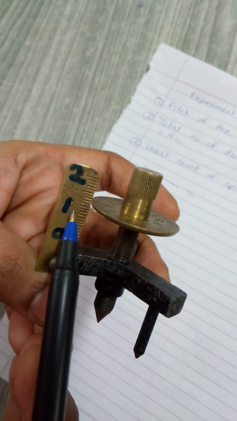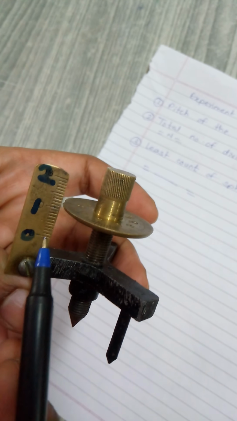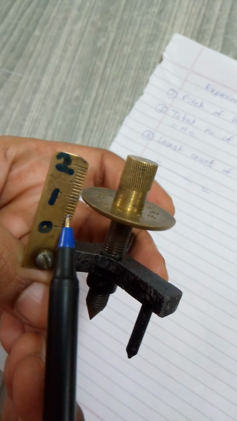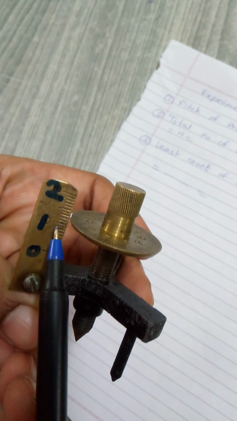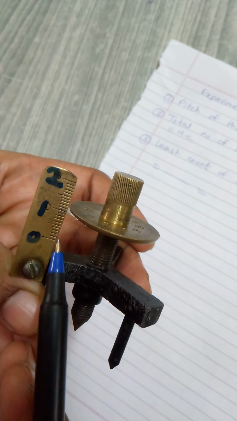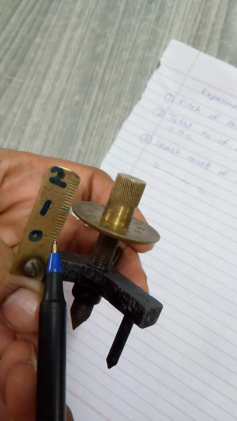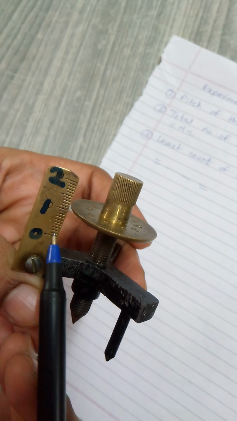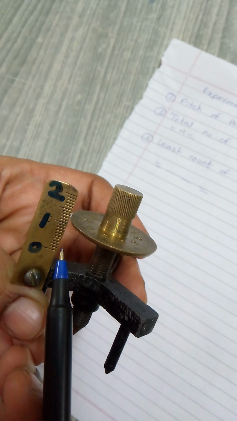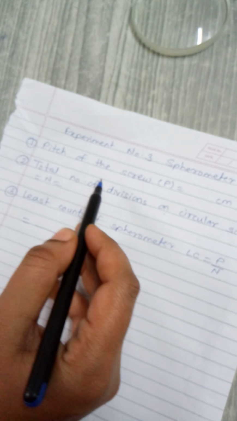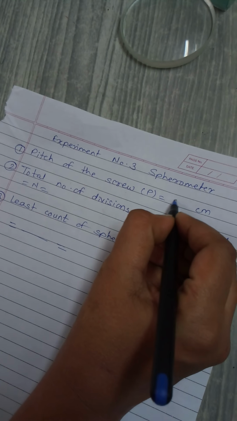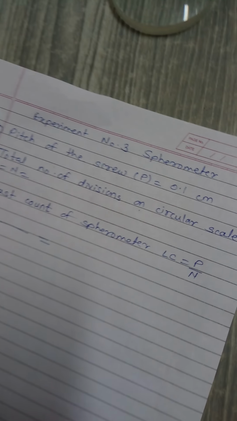Then here we have to calculate the pitch of the screw, that means the smallest division on the main scale. Between 0 and 1, there are a total of 10 divisions. Therefore, 1 centimeter divided by 10, we get 0.1 centimeter. That means the value of the first division is equal to 0.1 centimeter. Therefore, we write pitch of the screw is 0.1 centimeter.